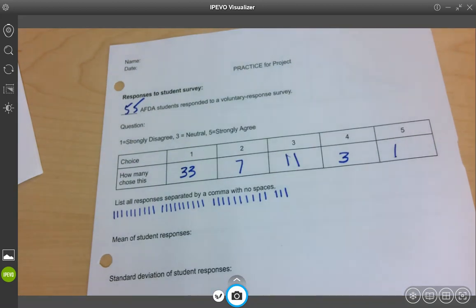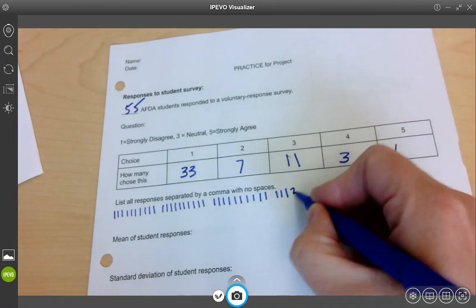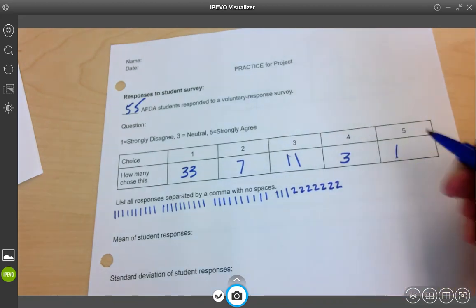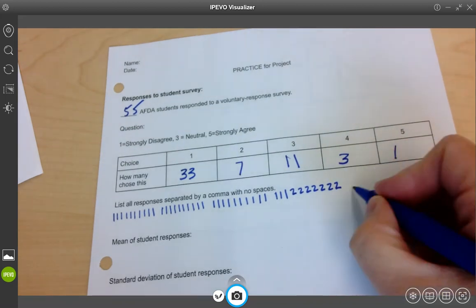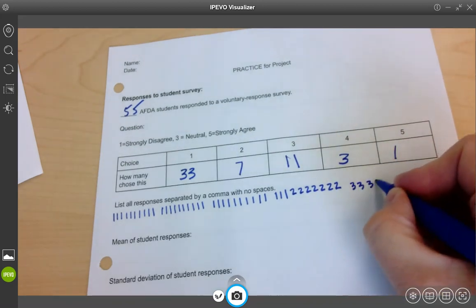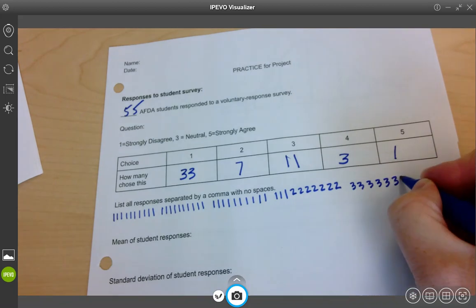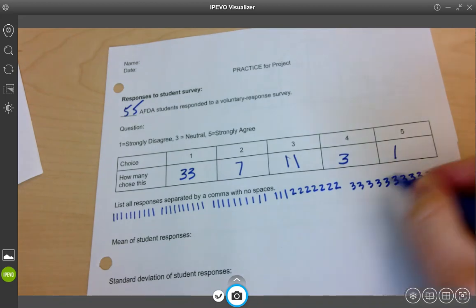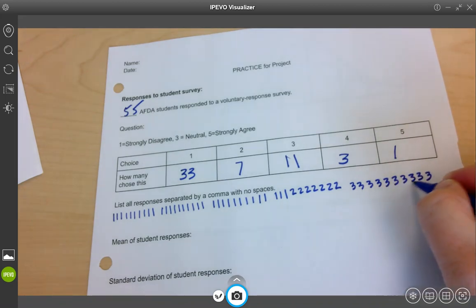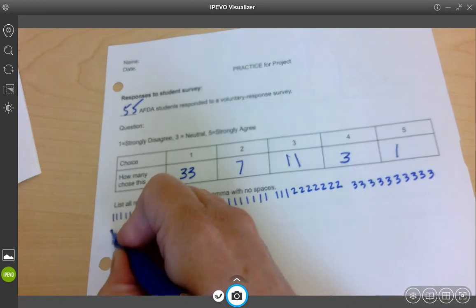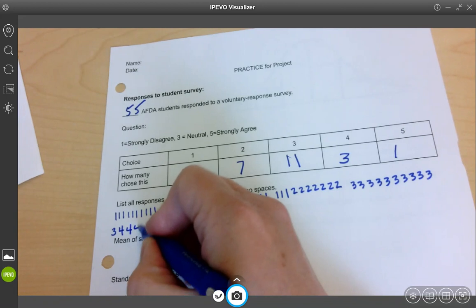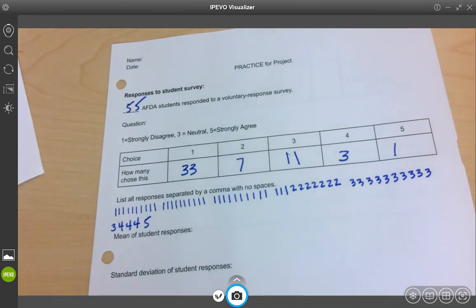So 33 1s, 7 2s, 11 3s, 3 4s, and 1 5. Okay, and writing the list out is going to help you when you use Desmos.